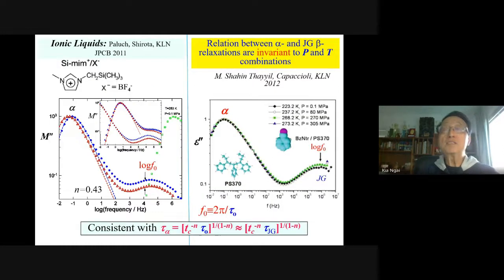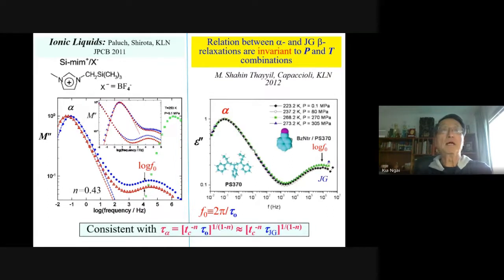Okay, now the right side is the beautiful work done by Shaheen when he was with us at that time at Pisa, and then you see that he had done this benzo NMR with polystyrene, and then again the beautiful overlap of the alpha and beta, and the pressure temperature combination he did is shown on the top corner there.